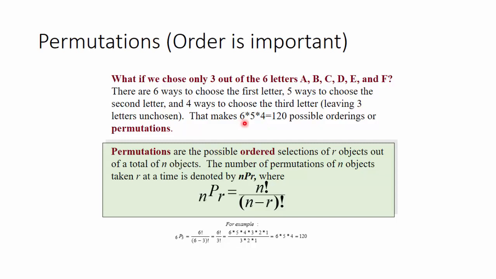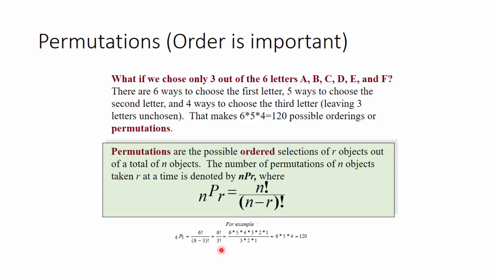That makes 6 times 5 times 4, 120 possible orderings, also called permutations. Applying the formula, that would be 6 factorial by 6 minus 3 factorial, 120.